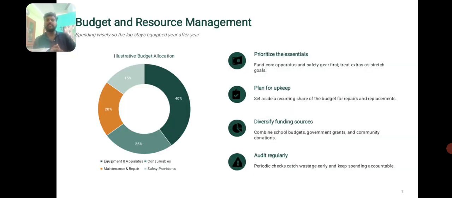And the next thing is budget and resource management. Budget and resource management is one of the most vital things for laboratory planning. Prioritize essential things: what is the most essential, and what comes next.